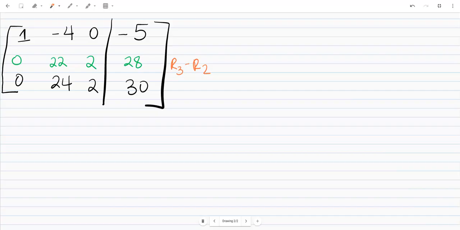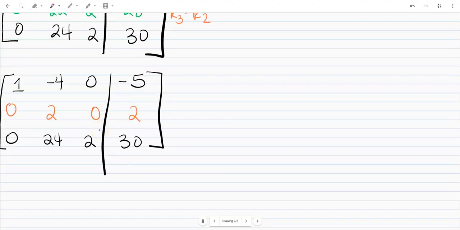My new row 2 starts with 0 minus 0, which is just 0, 24 minus 22, which is just 2, 2 minus 2, which is 0, and then 30 minus 28, which is 2, giving me my new row 2 values. At this point, all I need to do to turn my middle entry into 1 is just divide row 2 by 2. This leaves me my new entries to be 0, 1, 0, and 1. This is my new row 2.